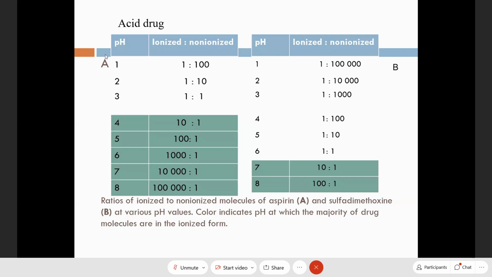So an acidic drug, even in an acidic environment at pH 1, is in the non-ionized form, so the absorption is good because it can cross the cell membrane. Whereas this one, another example here.